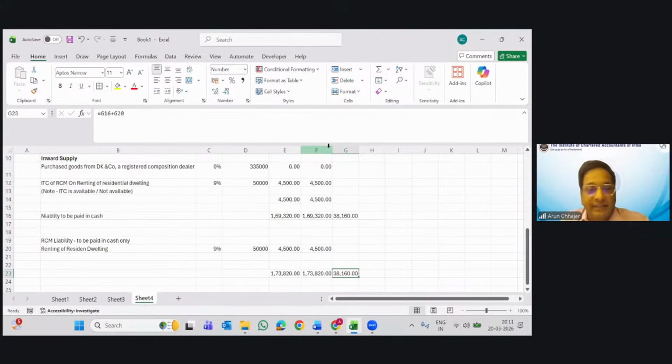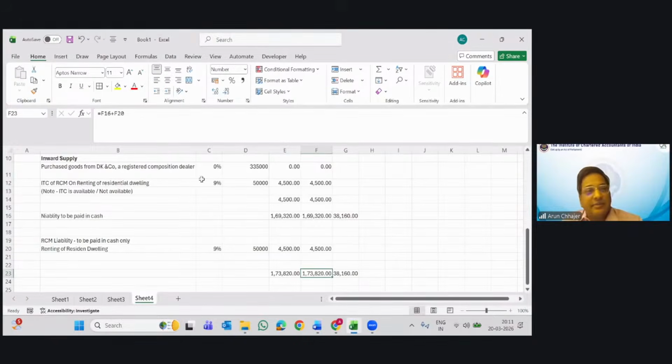Can I say that this is the liability which you need to pay in cash? Is that clear?